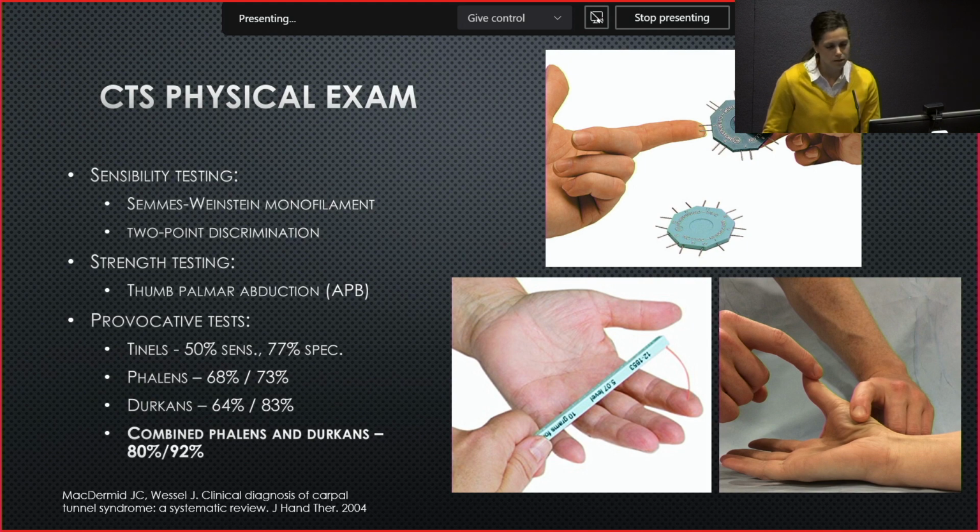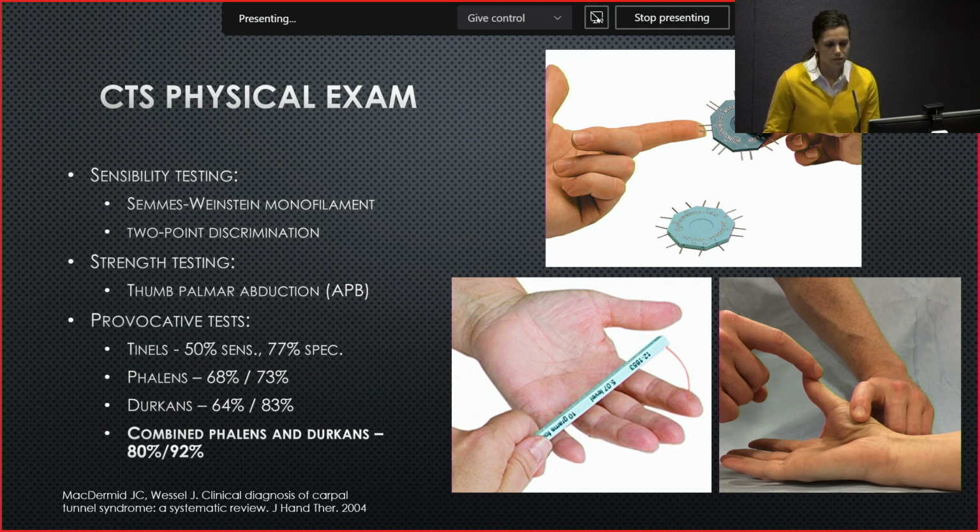So Tinel's at the carpal tunnel, or just proximal to that along the nerve, should produce numbness, tingling, paresthesias into the hand distally. Proximal symptoms are not a positive Tinel's test. This is not very sensitive, so 50% sensitive, a little bit more specific.